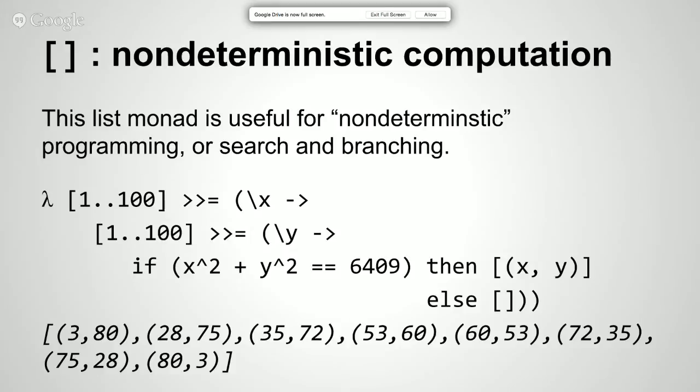Then you get all the solutions of x squared plus y squared equals 6409. So does the non-deterministic part here reference the fact that the compiler can choose in what order to execute these things, but they will always come back in the same order? So it's determined. Non-deterministic just refers to the fact that you can think of it as like drawing from a set. It's taking non-determinism and taming it by having functions return multiple values.